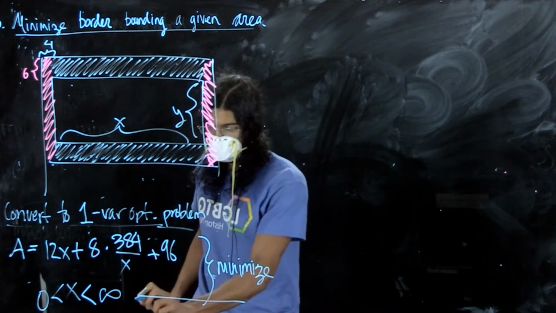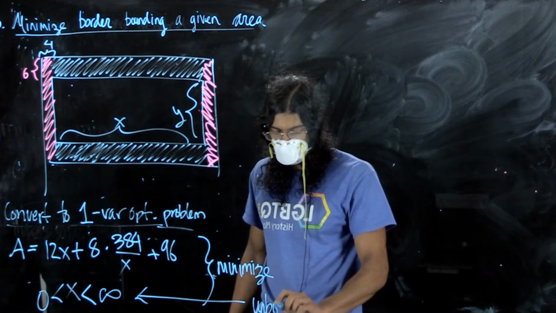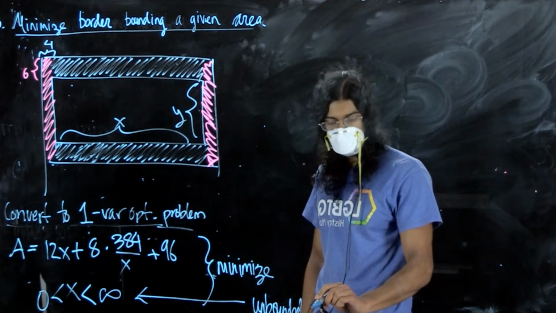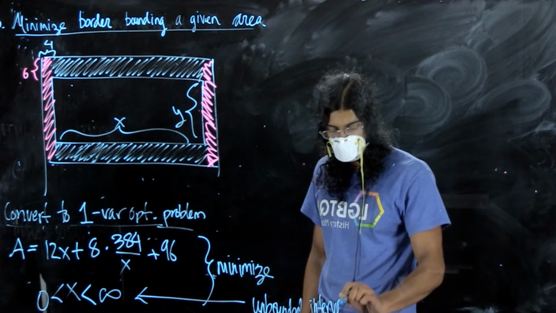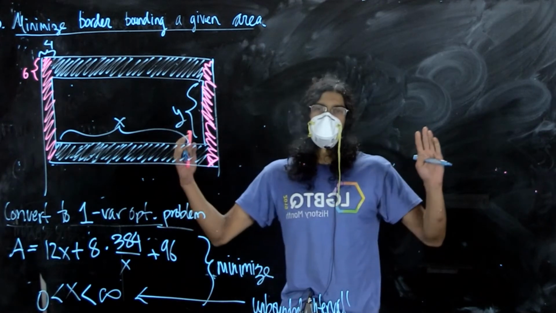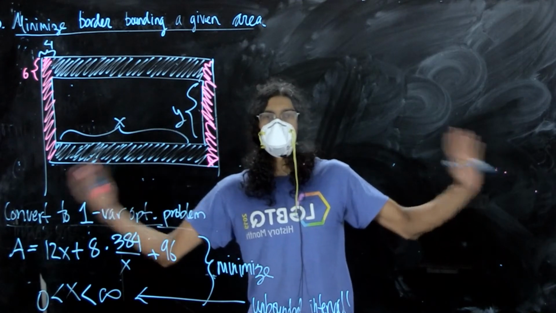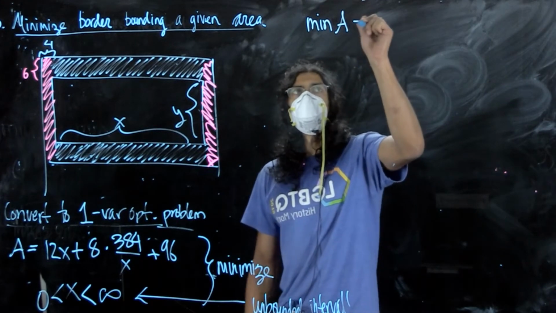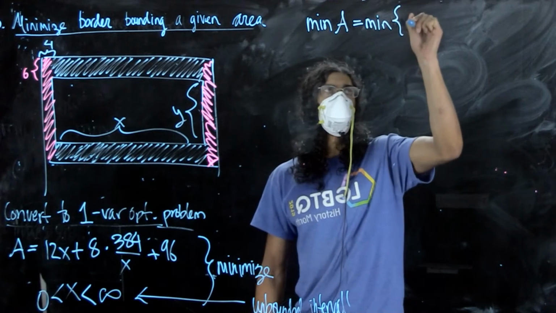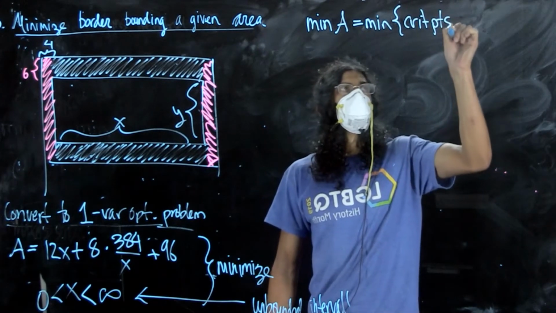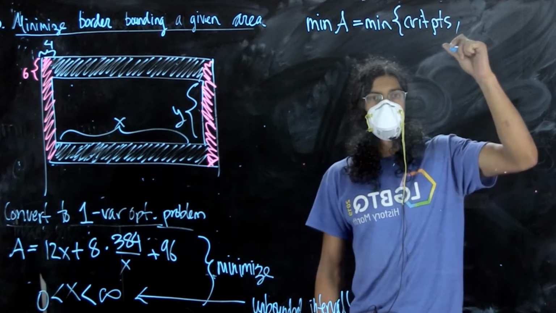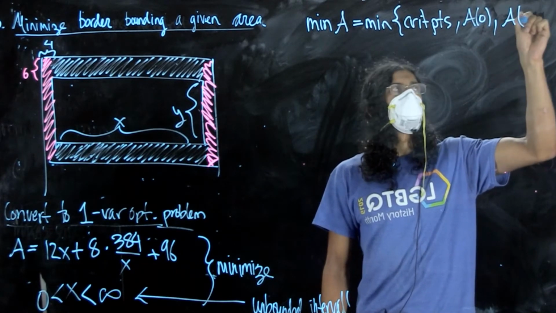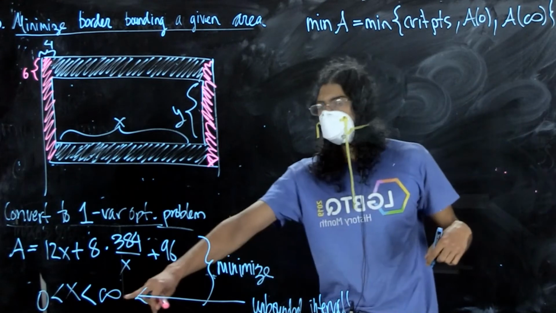This is an unbounded interval. Sure, that sounds scary, but the process is exactly the same: the minimum of A is going to be equal to the minimum of A at the critical points and the endpoints. Take infinity as an endpoint here.